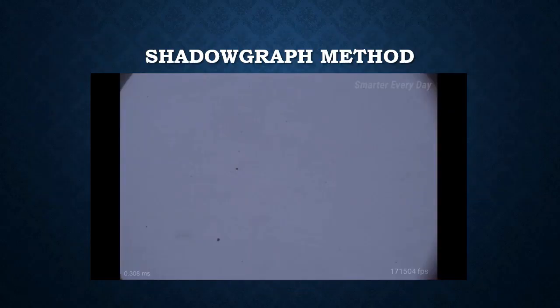Next we are going for the shadow graph method. It's a very simple method. It is called a direct method. You keep a single lens, focusing light with a glass lens, and you direct the light beam into the test section, and then behind the test section you just keep the screens.